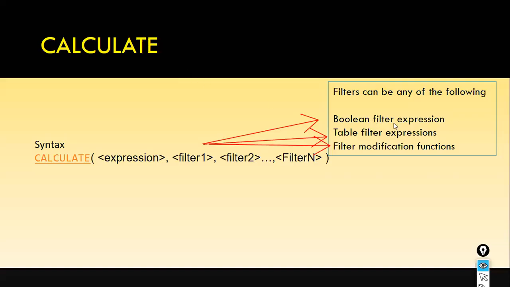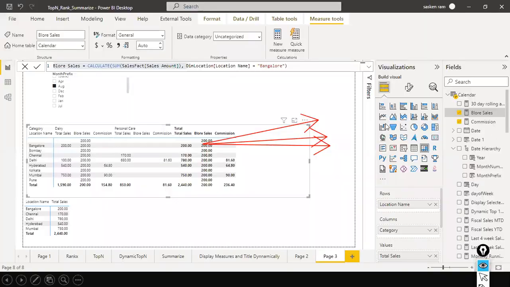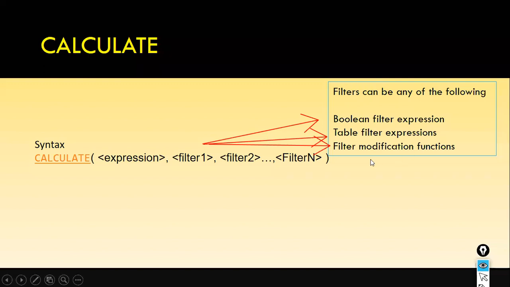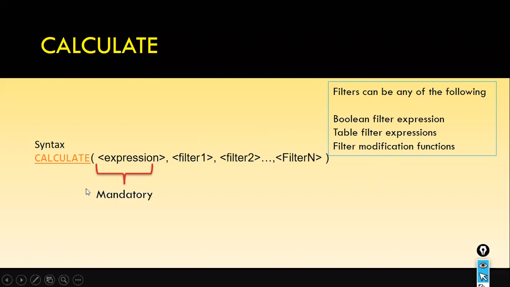That is your Boolean filter expression. What is the table filter? Table filter, you remember the FILTER function. I have used it, right? And apart from this, we have filter modification functions. We have ALL, ALLSELECTED, KEEPFILTERS, REMOVEFILTERS. These are all the filter modification functions. This is mandatory and these are optional.